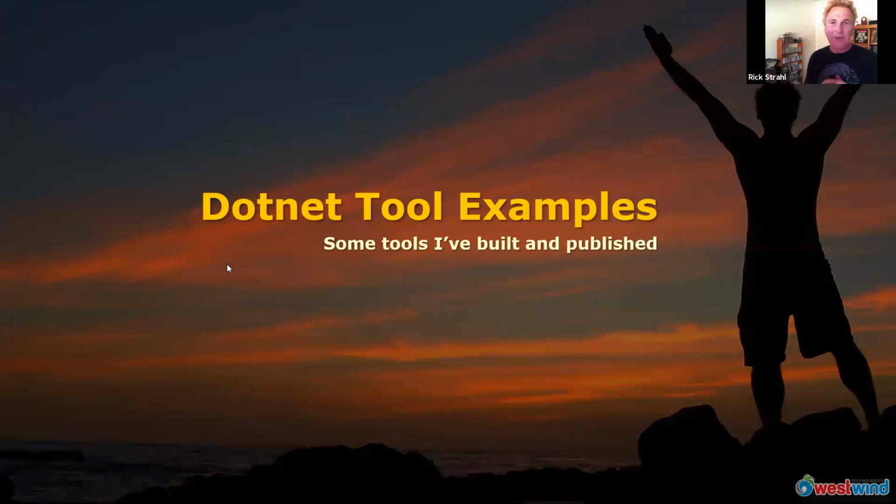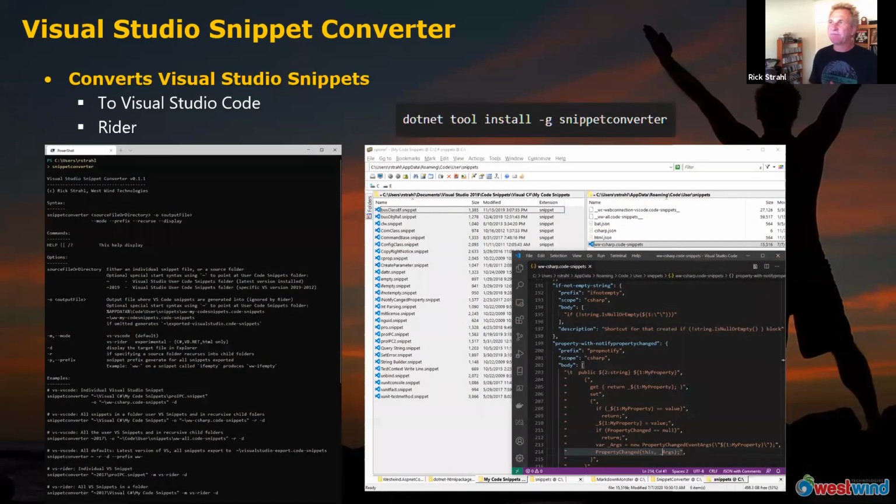Okay, so I want to show a few examples of some things that I've built. I already showed one of them, the HTML packager, so I'm not going to go over that one. One of the tools that I've built is a Visual Studio snippet converter. By the way, all of these are open source, so you can look them up on GitHub.